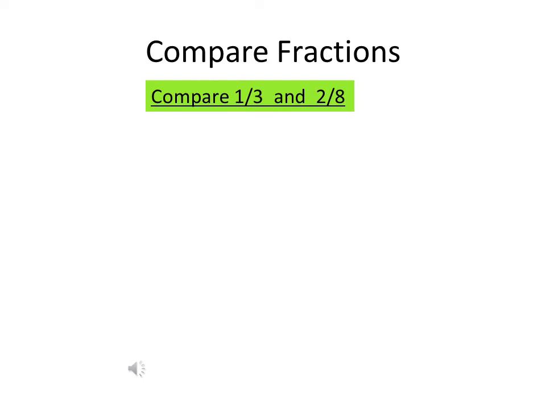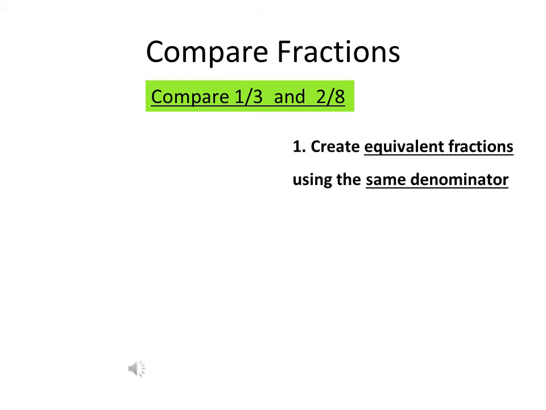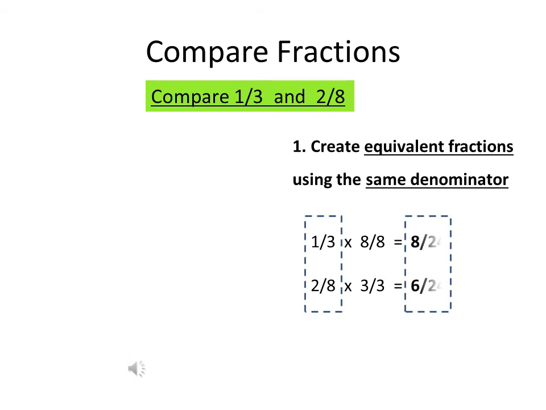Let's take a look at how we compare fractions. For example, let's compare 1/3 and 2/8. They have different denominators, so the first thing we need to do is create an equivalent fraction for each of the fractions using the same denominator. So we take 1/3 and 2/8, and we think, well, a common denominator would be 24. So 1/3 times 8/8 equals 8/24, and 2/8 times 3/3 equals 6/24.